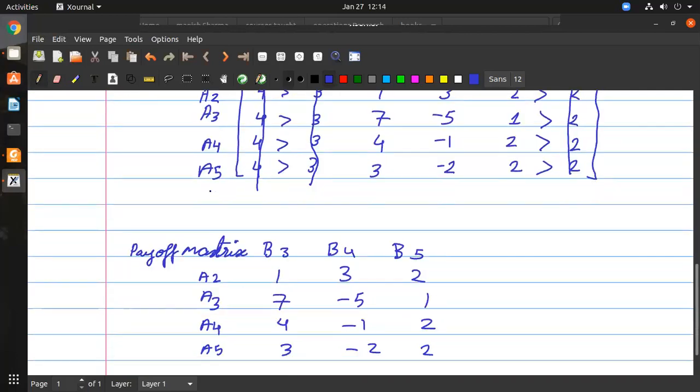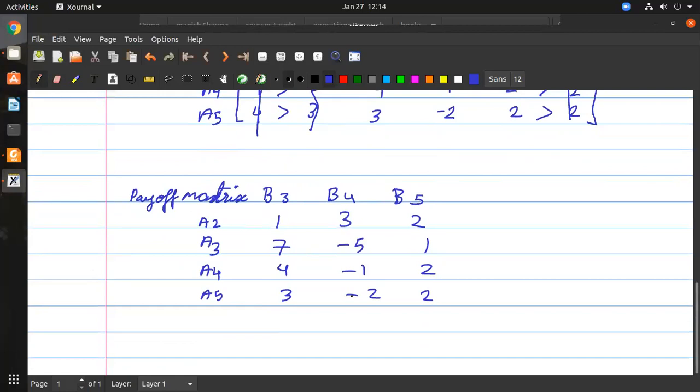Now after reduction, let us concentrate on this matrix. What do we find? We find that the average of these two is greater than the value of this.